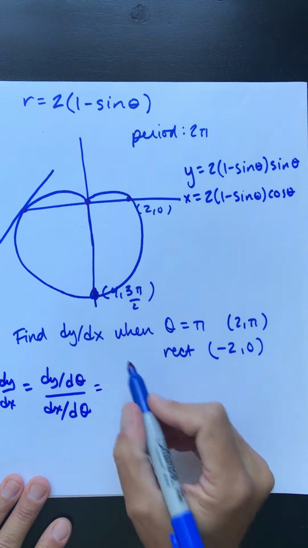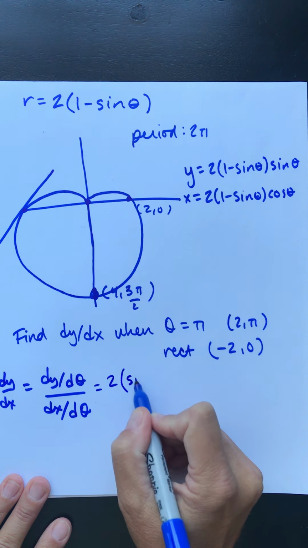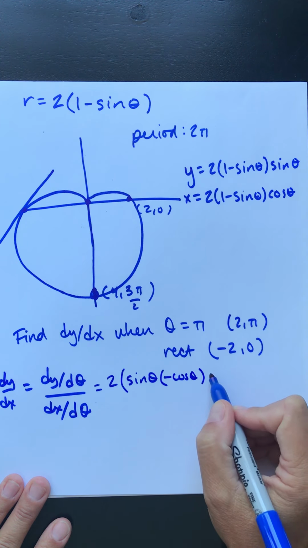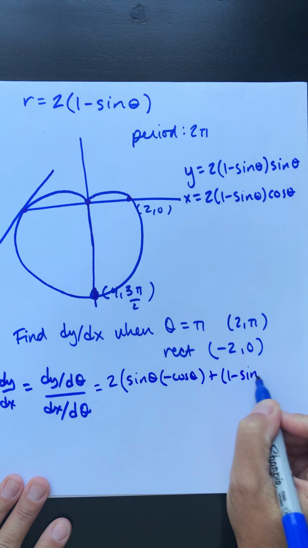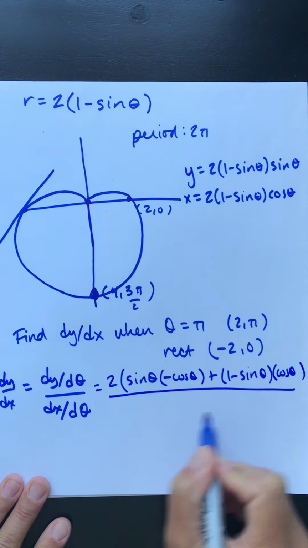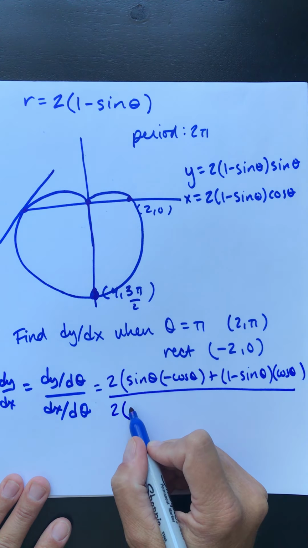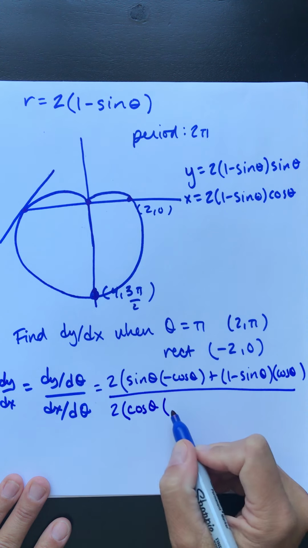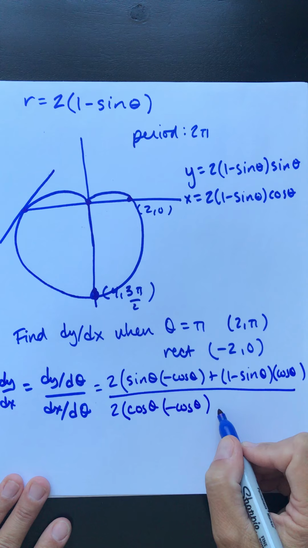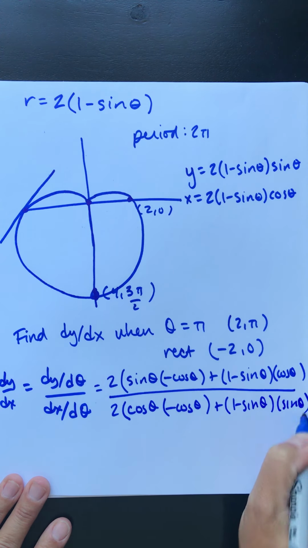I'm going to get 2 times (sine theta times negative cosine theta plus (1 minus sine theta) times cosine theta) all over 2 times (cosine theta times negative cosine theta plus (1 minus sine theta) times sine theta).